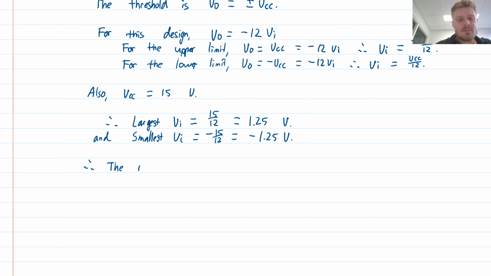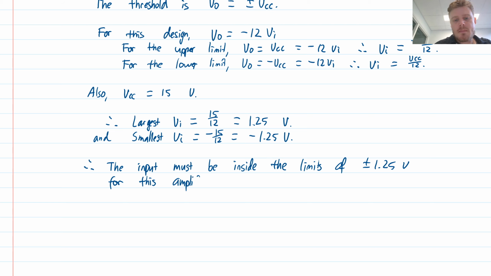The input must be inside the limits of plus minus 1.25 volts for this amplifier to operate correctly.